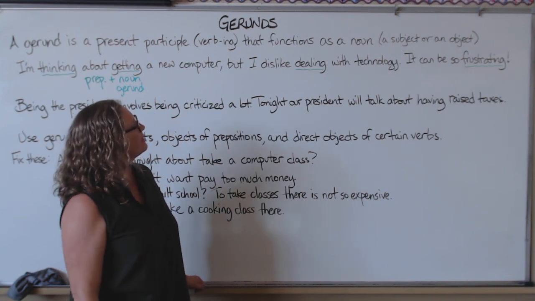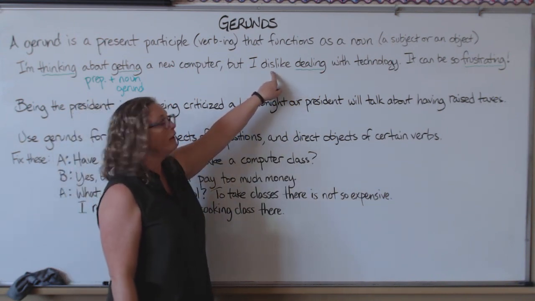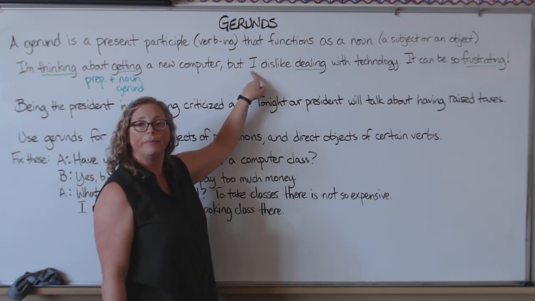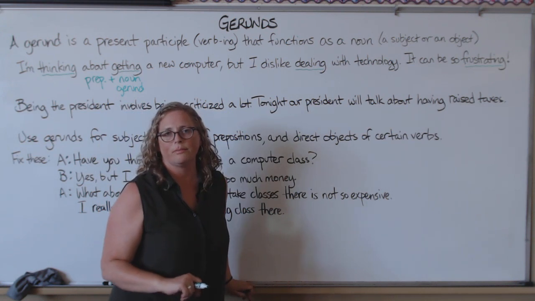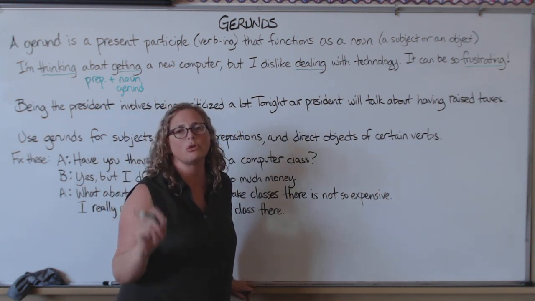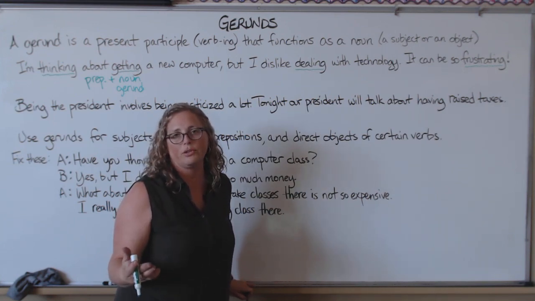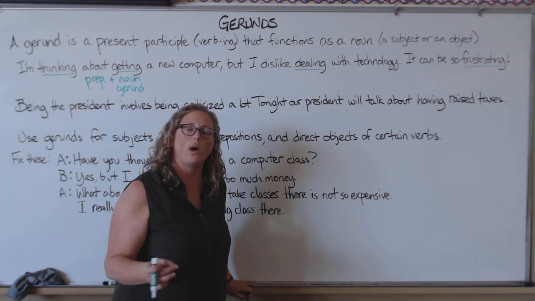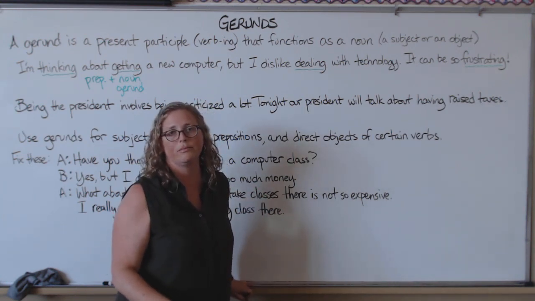Okay, so I'm thinking about getting a new computer, but I dislike dealing with technology. So in this sentence, here's the verb, dislike, the subject, I. I dislike what? The answer to that question is the direct object. When you're looking for a direct object, you ask the question, subject, verb, what?